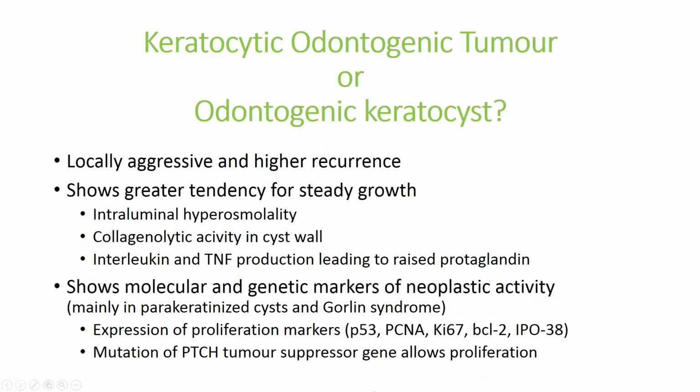Okay, so the controversy was also early, I would say as far back as the late 70s. People thought, was this a tumor or a cyst? Till 2005, the last WHO, this was a tumor, showing a high tendency for steady growth, and there were some molecular and genetic markers, but they were mainly related to the PTCH gene and the syndromic association of OKCs with Gorlin syndrome.